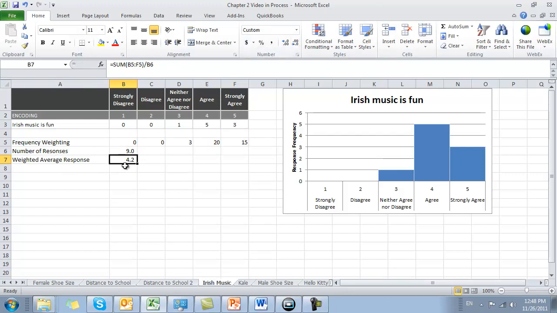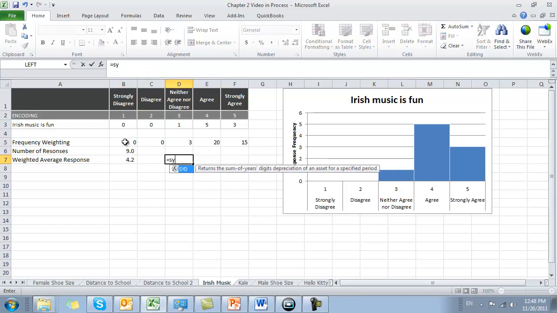Now 4.2 is about here, which kind of makes sense. On a 1 to 5 scale, most people said somewhere between 4 and 5, and so yes, the average response should say 4.2. Again, there's a quicker way. I took the product, I added it up, I divided by the sum of my frequencies.